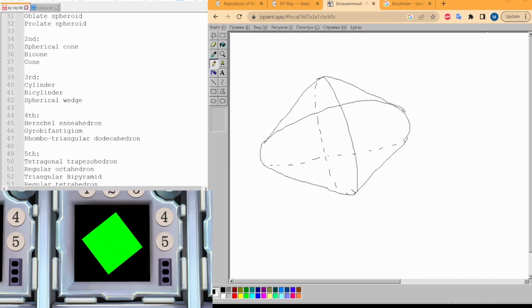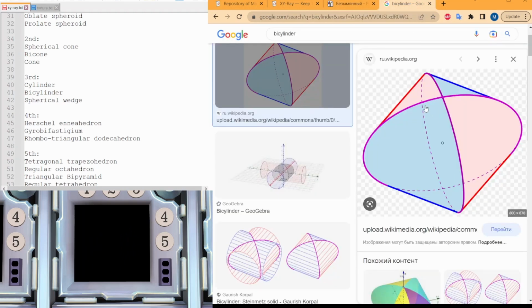If you look from this side, the section is going to be two straight lines that connect these lines, right, these circular sections right here, because it's a part of a cylinder, as you can see.